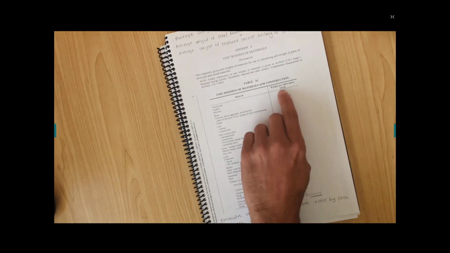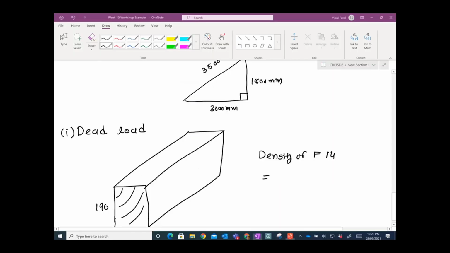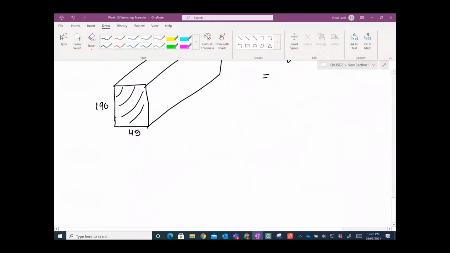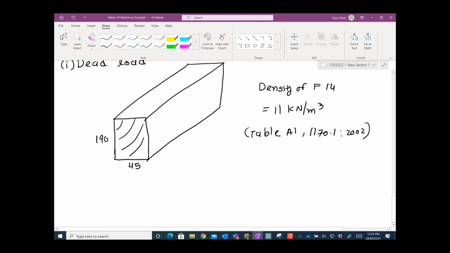We have 11 kilonewton per meter cubed. So F14, the F grade grey ironbark, is hardwood, and that is given in our question. So for that hardwood, the density would be 11 kilonewton per meter cubed. That is coming from Table A1 of AS 1170.1 2002.